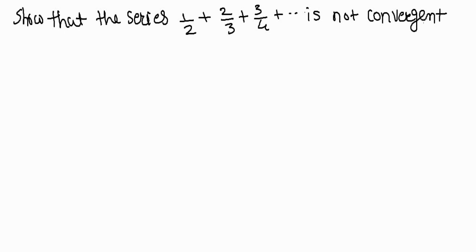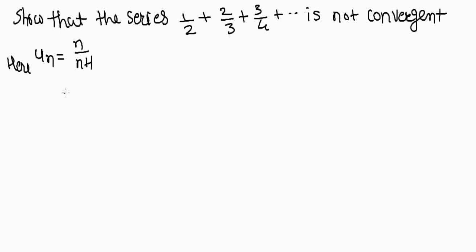As we have seen, if the limit of un is not equal to 0, then the series is divergent. Now we use that theorem to prove this. You can easily see that here the term un equals n divided by n plus 1.